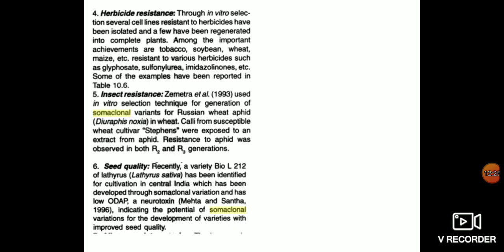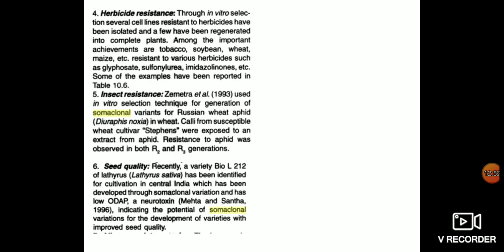It was developed through somaclonal variation and has low ODAP. What is ODAP? It is oxalyl diaminopropionic acid, a neurotoxin, indicating the potential of somaclonal variation for the development of varieties with improved seed quality.